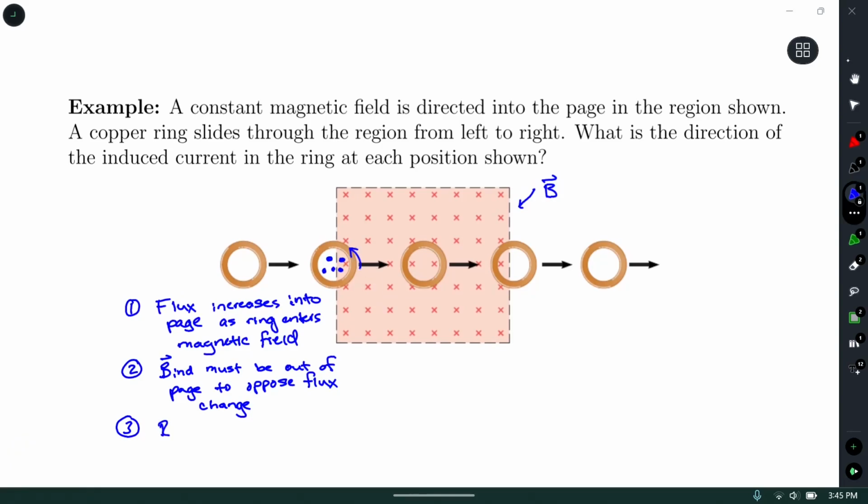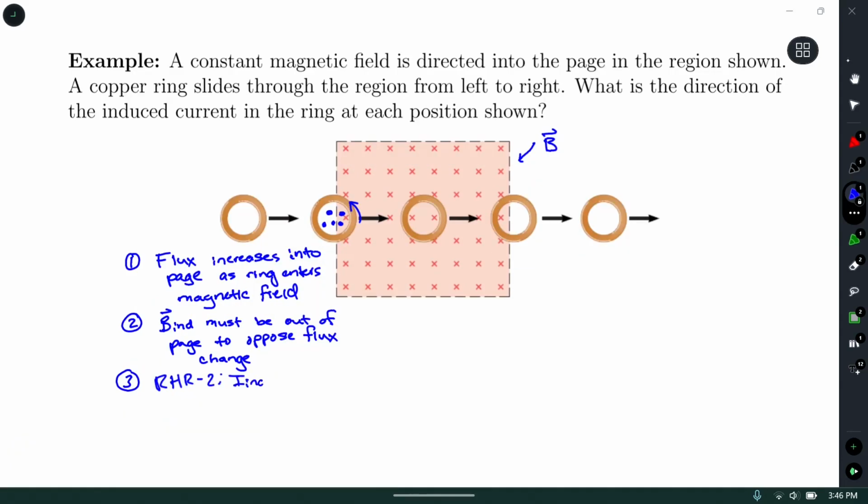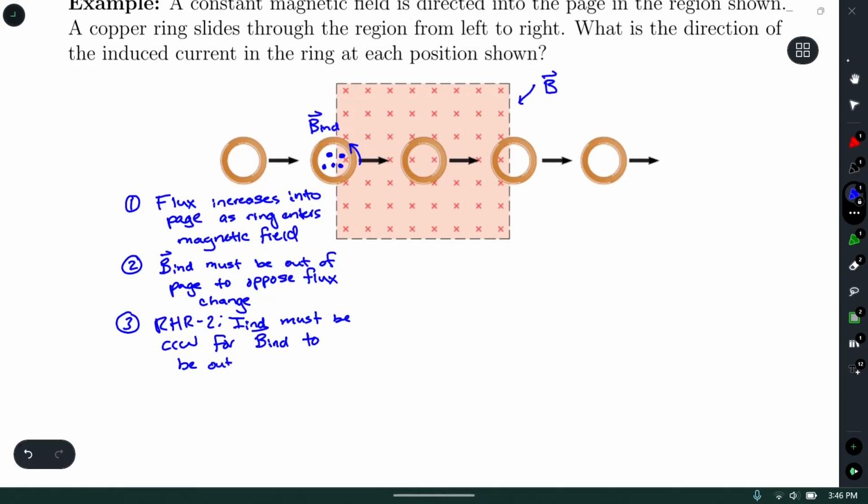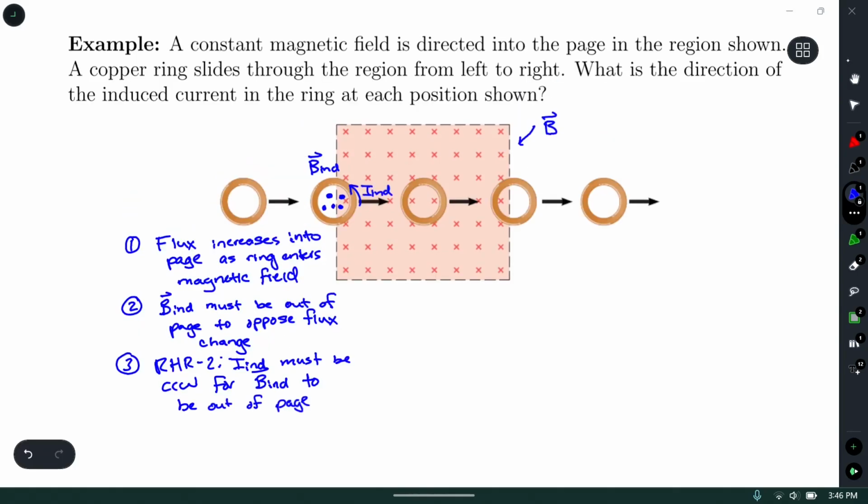So, by the second right-hand rule, the induced current must be counterclockwise in order for the induced magnetic field, the one represented by the dots here, to be out of the page. So that is the direction of induced current flow in the ring as it enters this field. Once it is in the field, it's not going to have any increase or decrease in flux happening.